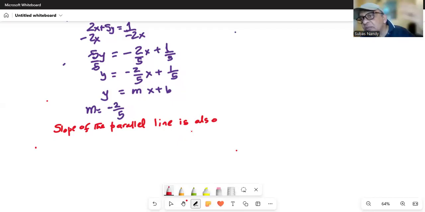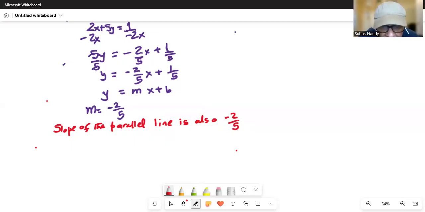One of the theorems or postulates of straight line equations is that two parallel lines have the same slope. Hence, in this case, the slope of the parallel line is also minus 2 over 5.